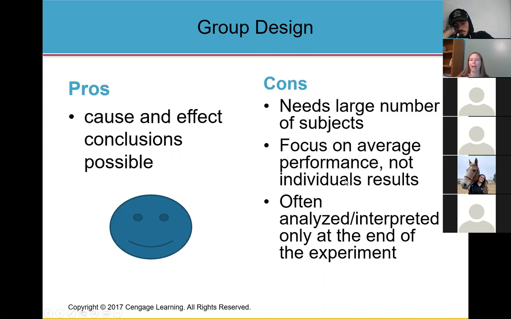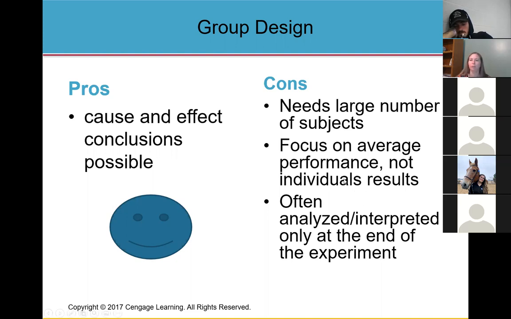We are focusing on an average performance though, so you have to realize that individual results aren't necessarily going to reflect what happened in the group. An example is, we all know that smoking is bad for your health, but I'm sure someone knows some old person who has smoked a pack a day for 20 years or something, and they seem just fine.